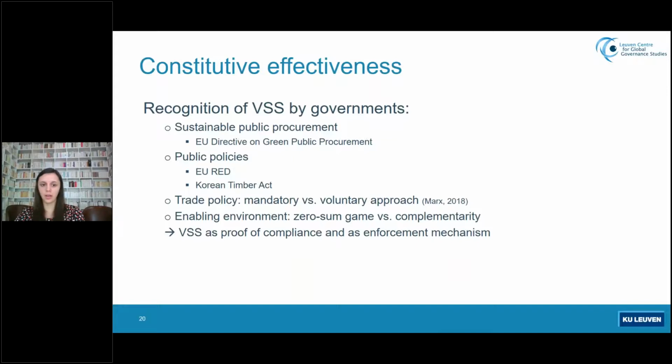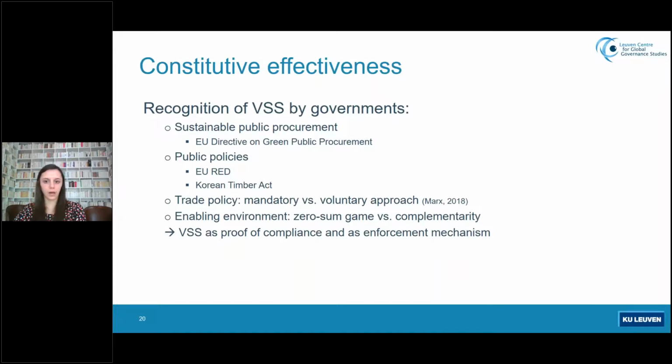And another example, which is very interesting, is the Korean Timber Act, which stipulates that timber that is imported on the Korean market has to meet sustainability criteria. And the Act recognizes some VSS, such as the FSC and the PEFC, as a proof of compliance with this regulation.